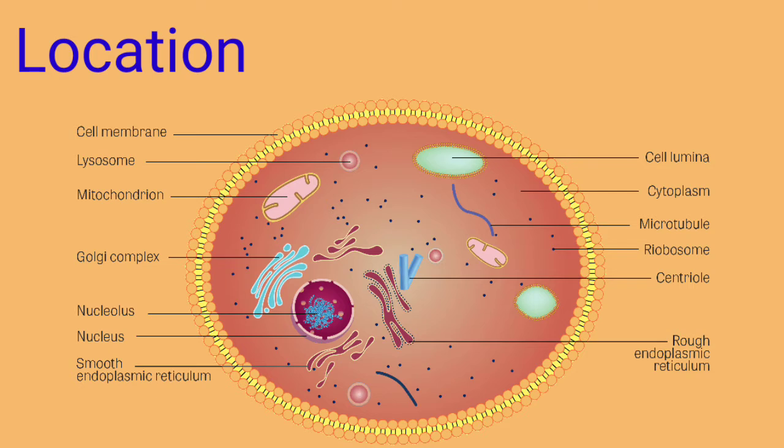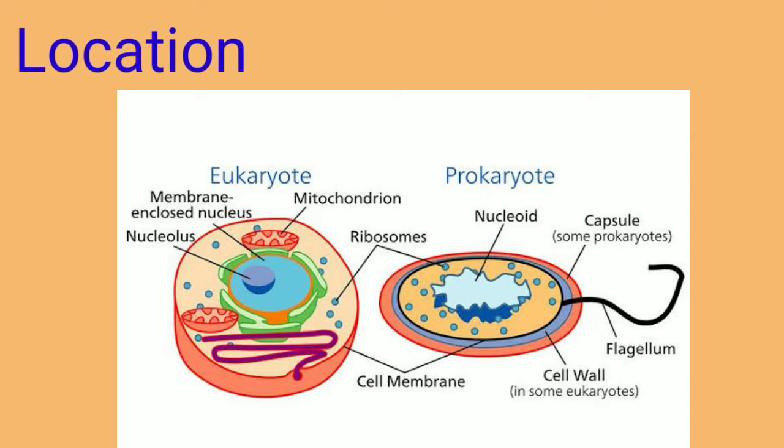Such cells have more of this Golgi apparatus. It is also found to be absent in some eukaryotic cells, such as mammalian RBCs, or the male gametes in bryophytes and pteridophytes, and of course it is totally absent in prokaryotic cells.